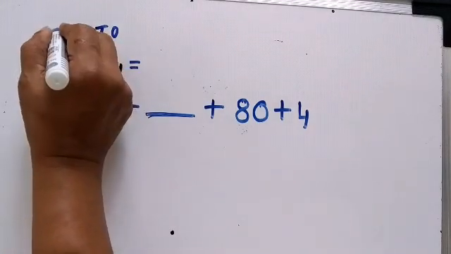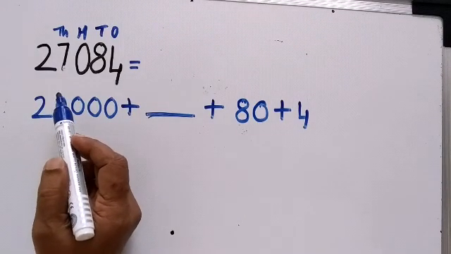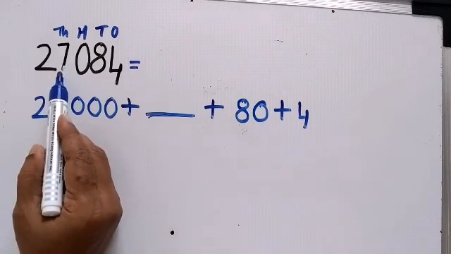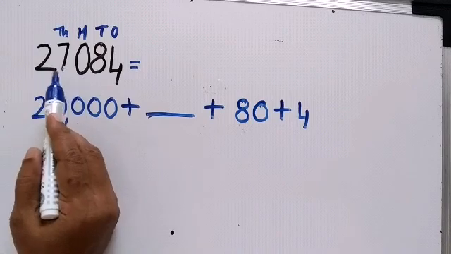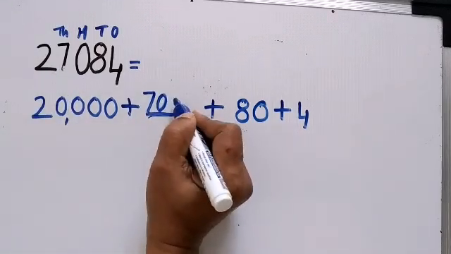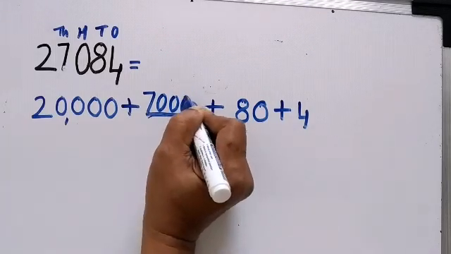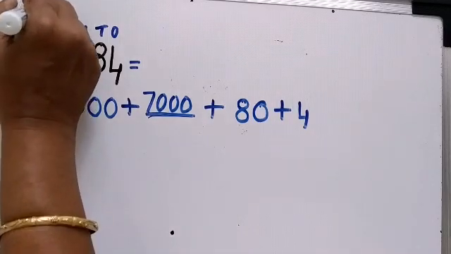It is in the thousands place. So this will be what? 7 into 1000. So that will be how much? 7 into 1000 is how much? It will be 7000.